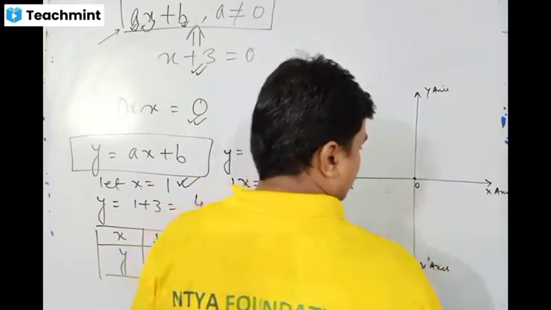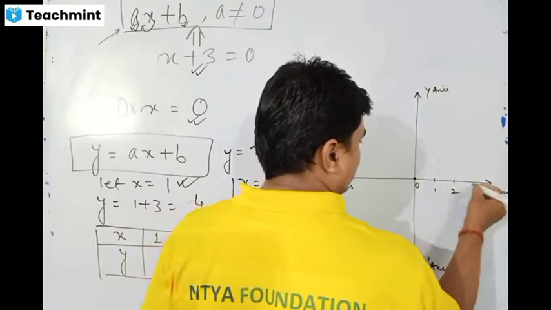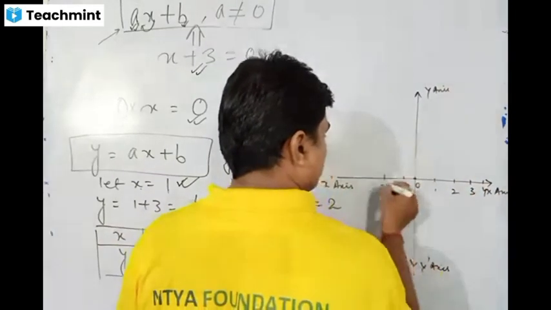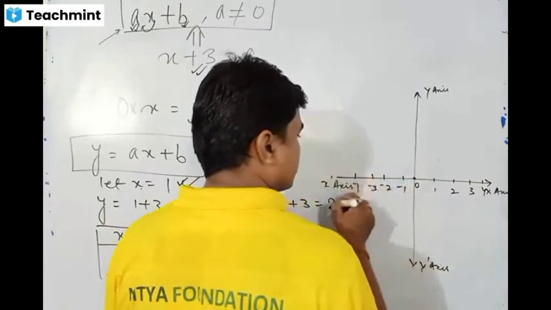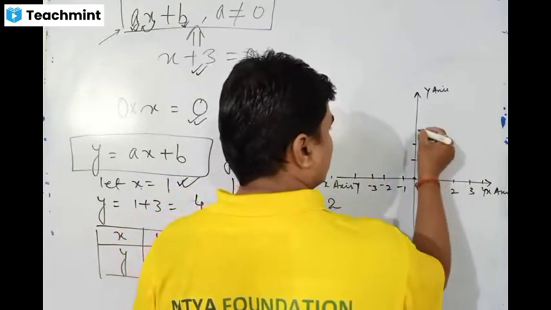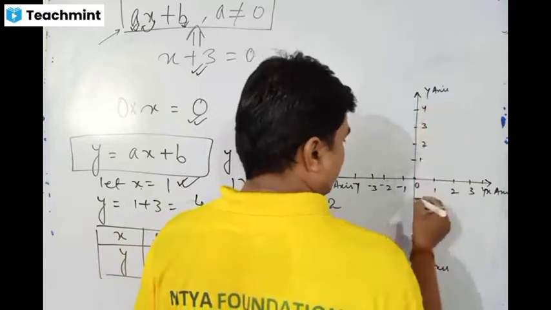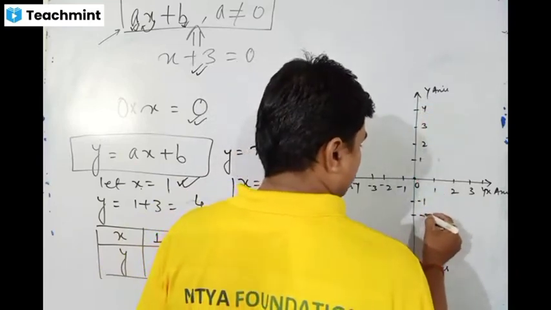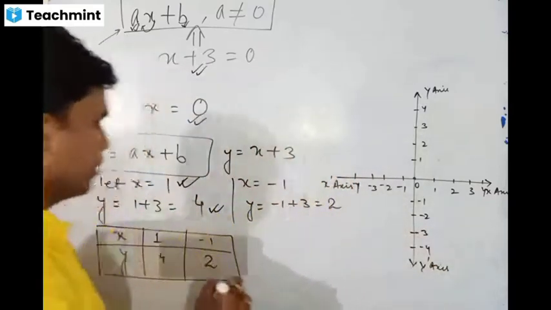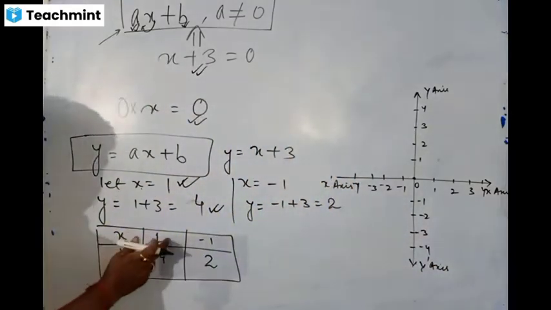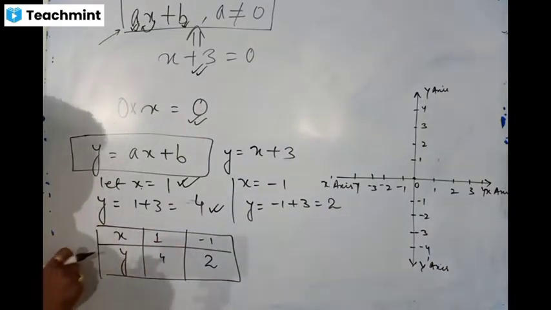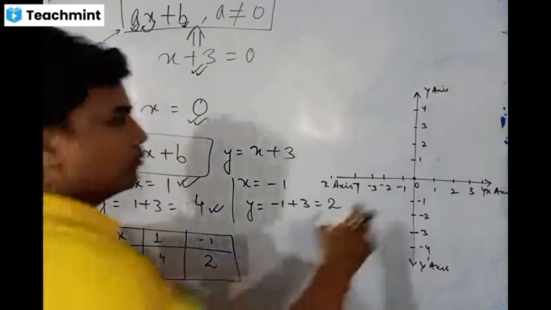It is 0, 1, 2, 3, and 4, then minus 1, minus 2, minus 3, minus 4. In the same way, 1, 2, 3, 4, minus 1, minus 2, minus 3, and minus 4. Okay, fine. So the value of x is equal to 1 and the value of y is equal to 4. You know there are four quadrants.